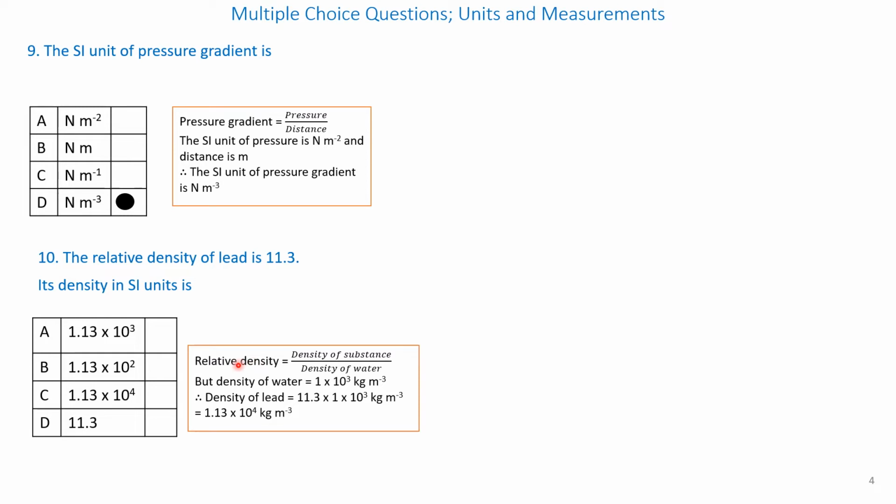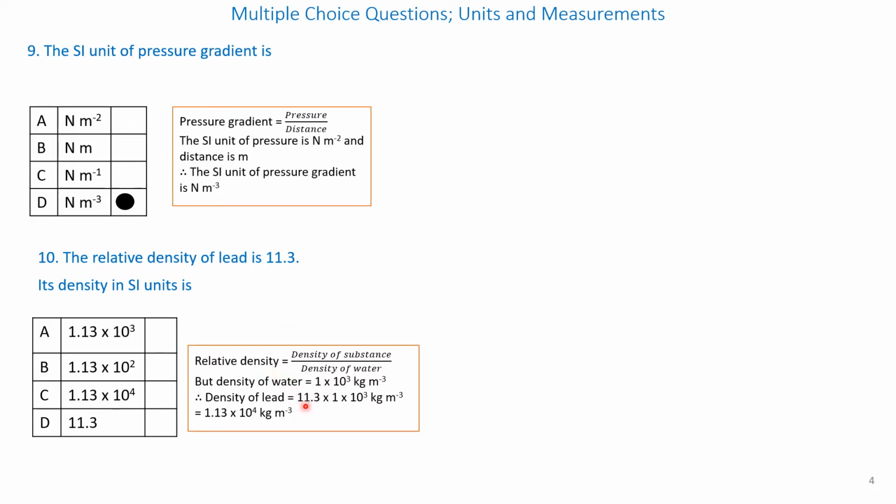We know that relative density is equal to density of substance over density of water. But we also know that density of water is 1 into 10 to the power of 3 kg per meter cube. Therefore, density of lead is given by relative density into density of water, that is cross multiplying. So, relative density of lead is given as 11.3.